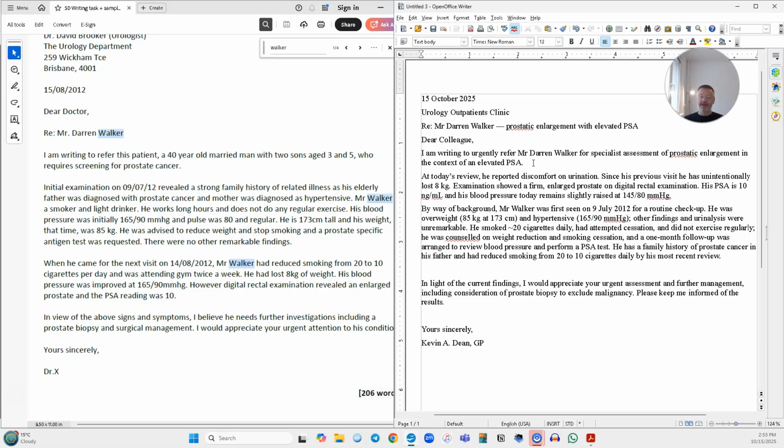In light of the current findings, restatement of purpose, would appreciate your urgent assessment for management, including consideration of prostate biopsy to exclude malignancy. Please keep me informed of the results. Yours sincerely, Kevin A. Dean, GP. So, you've got the dubious purpose with irrelevant information. You've got that mixture, you've got the wrong structure. Anyway, it's just not good.